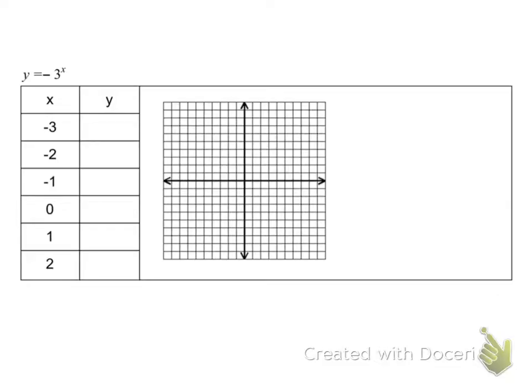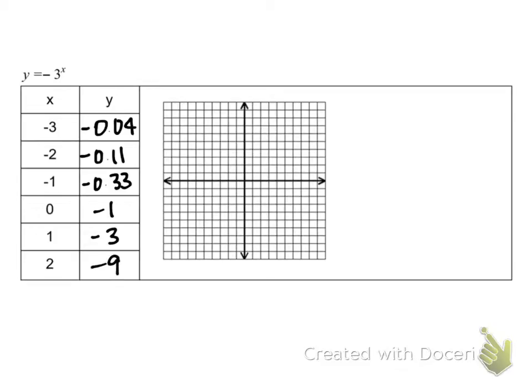Okay, as we look at this table, it looks exactly the same. We have negative 0.04, and then negative 0.11, and then negative 0.33, and then negative 1. The only thing that's happening is that they're going to have negatives instead of positives.